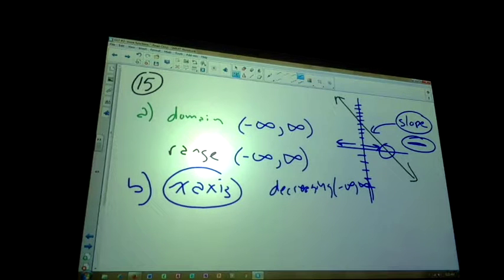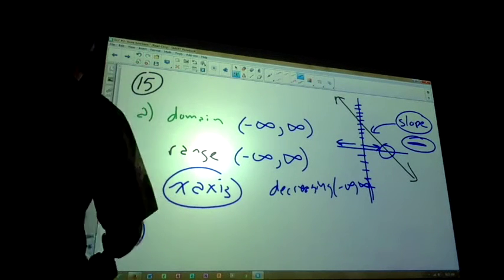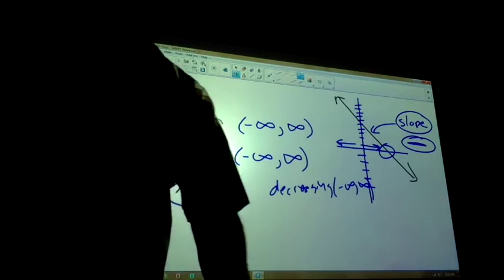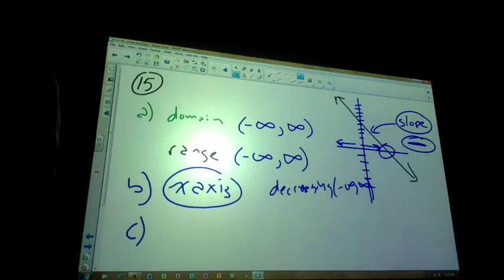Okay? Letter C says, what are the intervals where the graph is positive? What does that mean? It's not positive. What do you mean? No, it is positive, but it's positive someplace. Where would this make sense that the graph would be positive? It means where, if I were to plug an x value in, the output, the range, gives us a positive number.